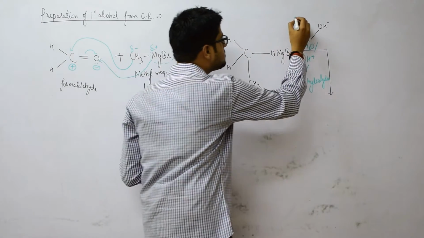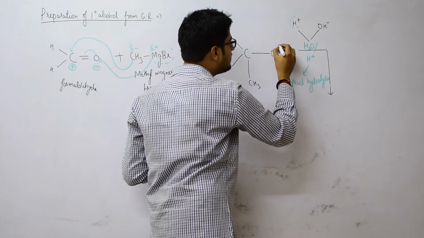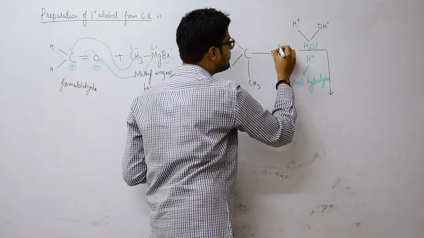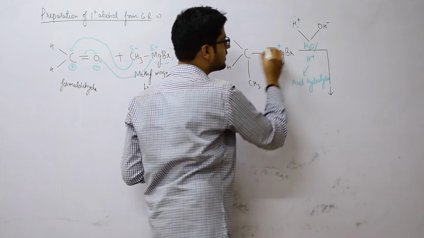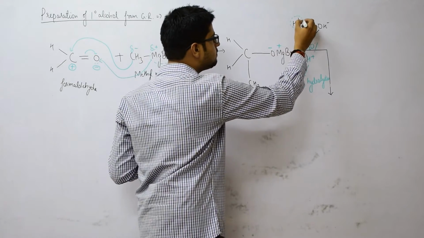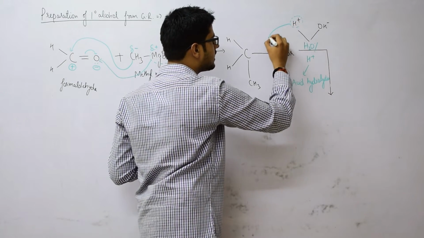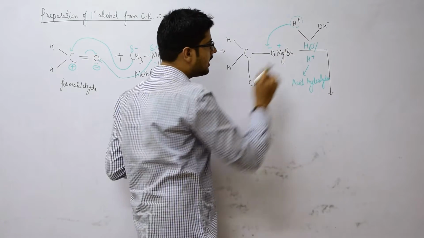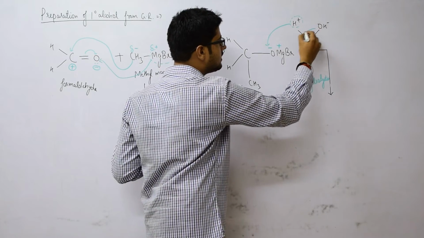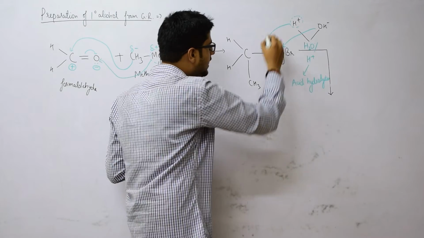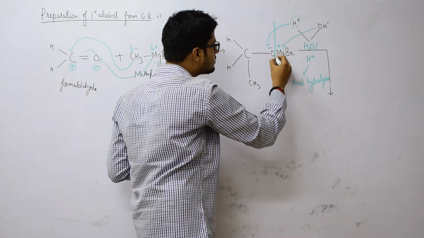This H plus ion will attack this oxygen, the negative center, and this OH will attack the MgBr, and a cleavage of bond will take place from here.